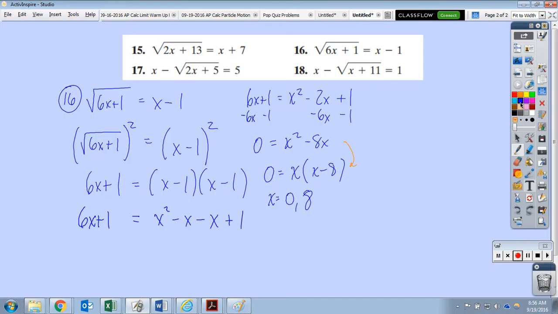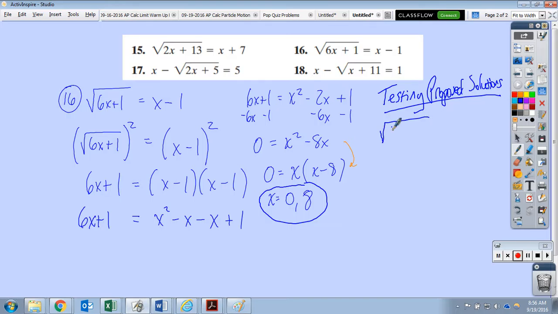So we're going to test these two. So let's see if it works for, let's say, 0. So we're testing our proposed solution. So if we test it, we have the square root of 6 times 0 plus 1.